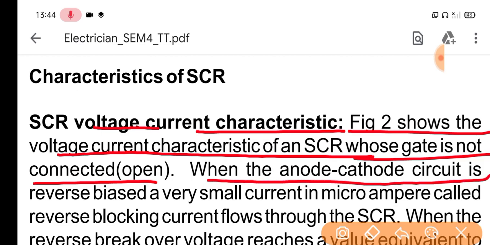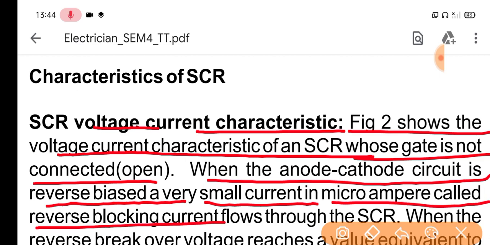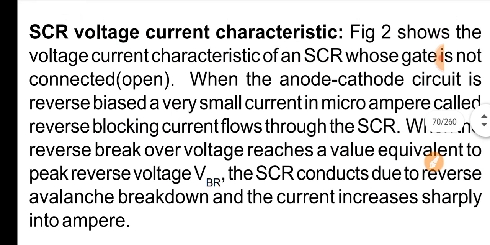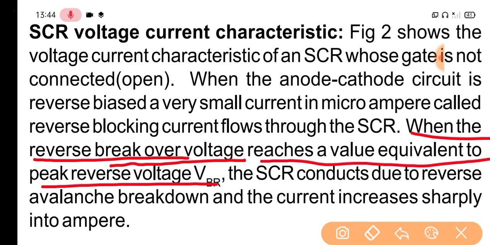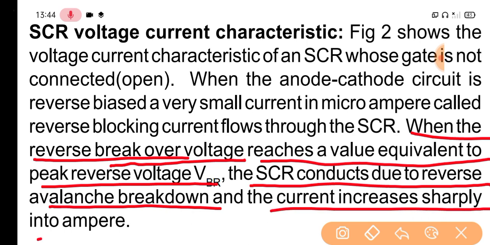When the anode cathode circuit is reverse biased, a very small current in microamperes, called reverse blocking current, flows through the SCR. When the reverse break over voltage reaches a value equivalent to the peak inverse voltage, the SCR conducts due to reverse avalanche breakdown and the current increases sharply into amperes.